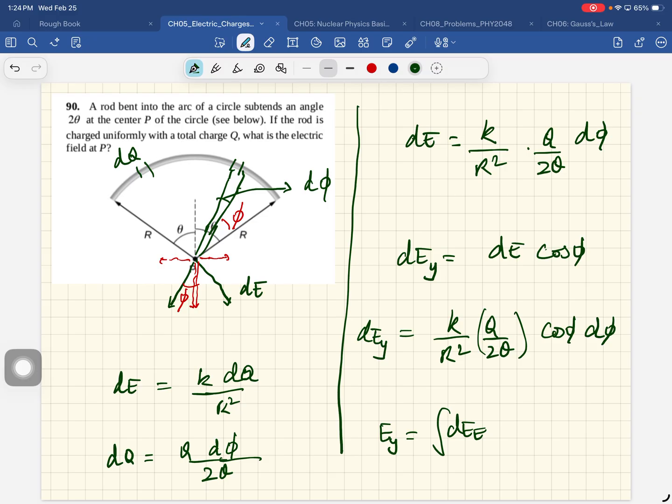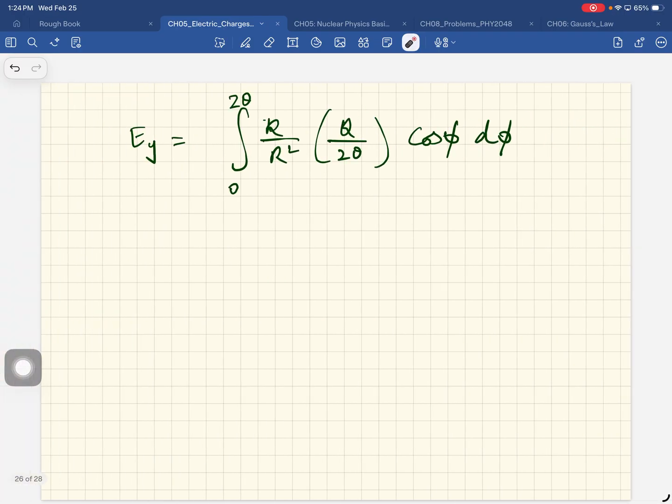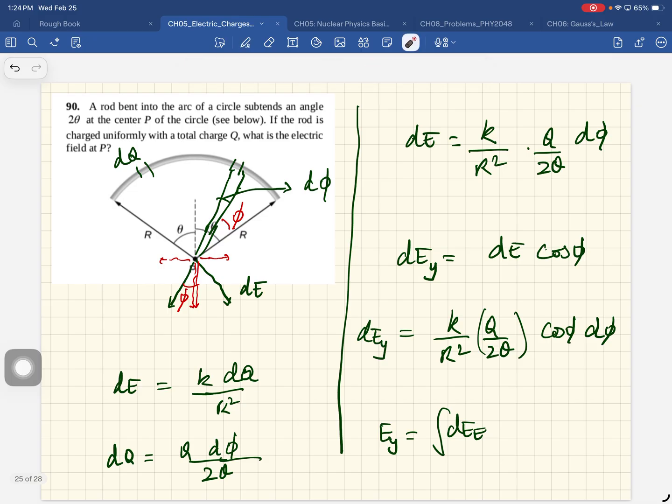Sine of minus theta is minus sine theta, so that is 2 sine theta. The 2 cancels. So Ey is k Q over r squared, sine theta over theta. The sign just tells you that the Ey component is pointing in the downward direction.